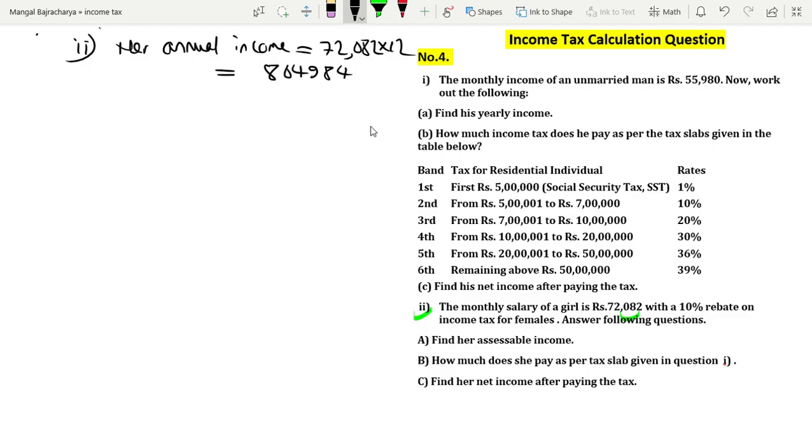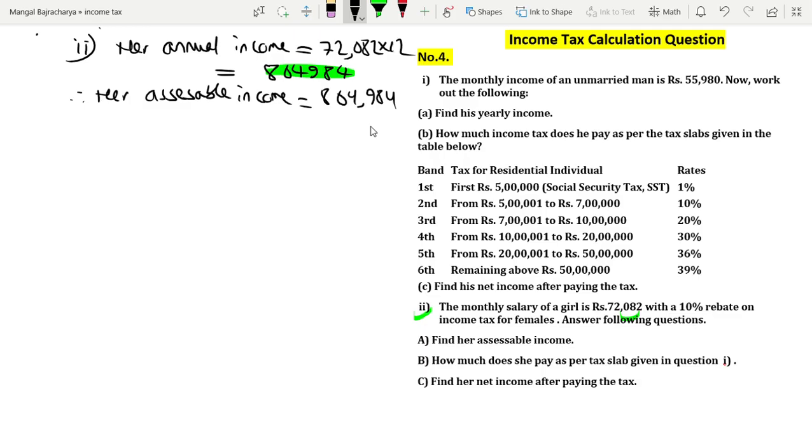So nothing said here, so we get this as her annual income, the total assessable income, or just total income. So her assessable income is the same as annual income, since there is nothing to deduct and nothing to add, right?